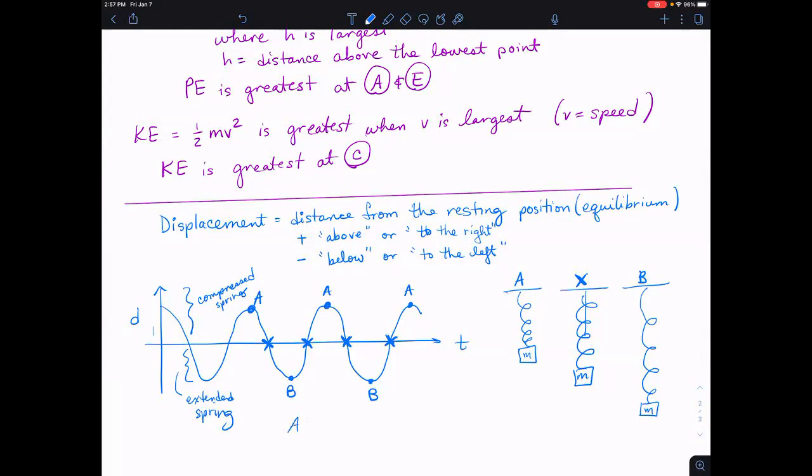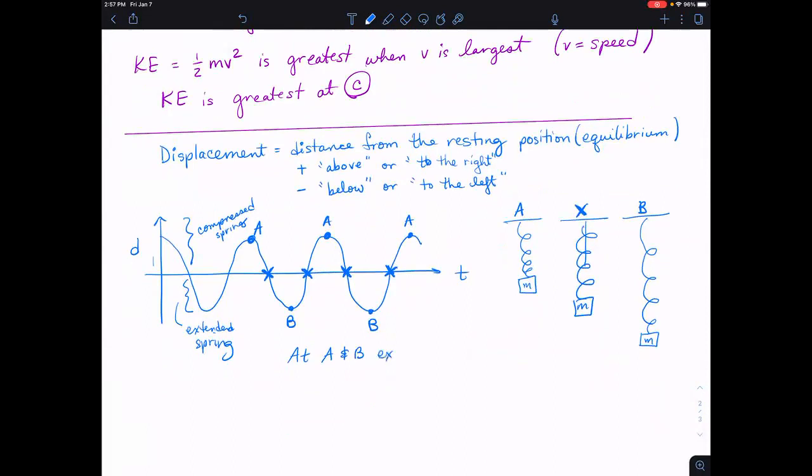So at A and B, the extremes, what happens there is that the mass stops for a hot sec, as my 18-year-old would say. That means that v equals 0. That means that the kinetic energy at those points is 0. Okay, and it also means the potential energy is a maximum because that is the maximum displacement.